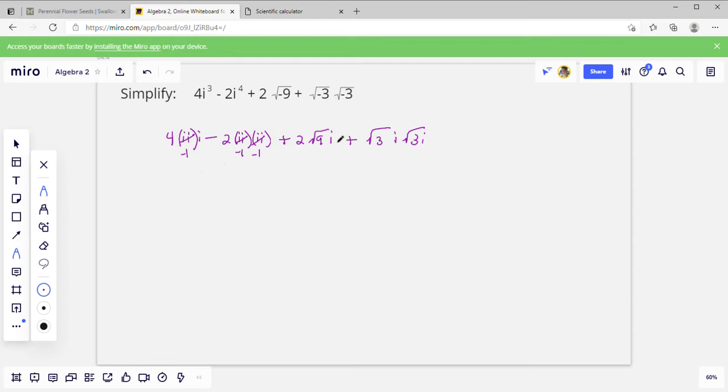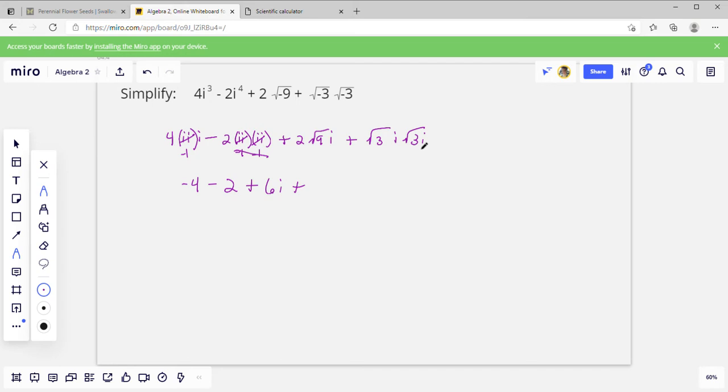Okay, so right here we would have -1 times 4 would be -4. -1 times -1 would be positive, so that'd just be -2. These would just pretty much cancel each other out. Alright, square root of 9 is 3. 3 times 2 is 6i. Okay. Square root of 3 times square root of 3 is going to be 3.